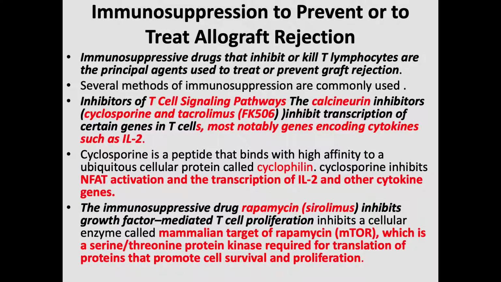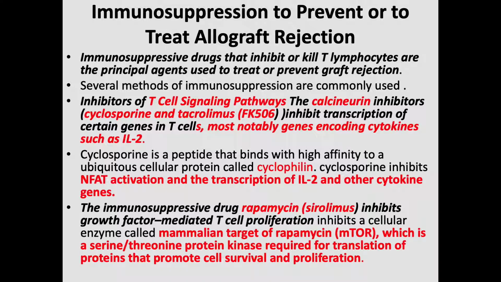So there are medications which target calcineurin. They are called calcineurin inhibitors. The prototypes are tacrolimus and cyclosporin, and they inhibit the transcription of interleukin-2, therefore decreasing T cell proliferation and activation.